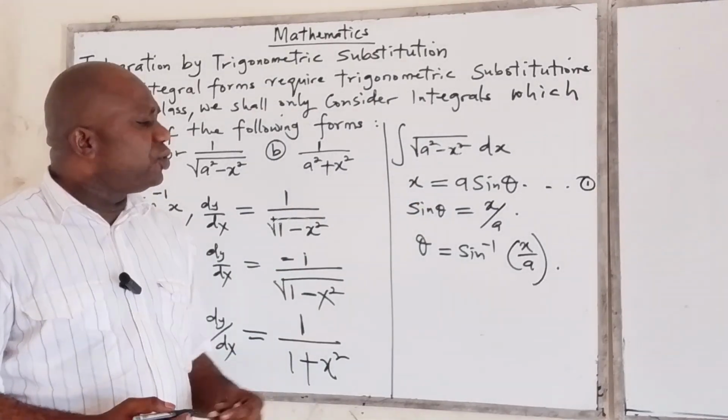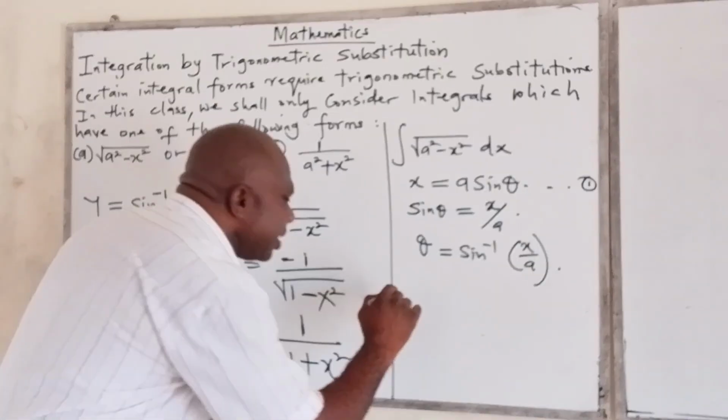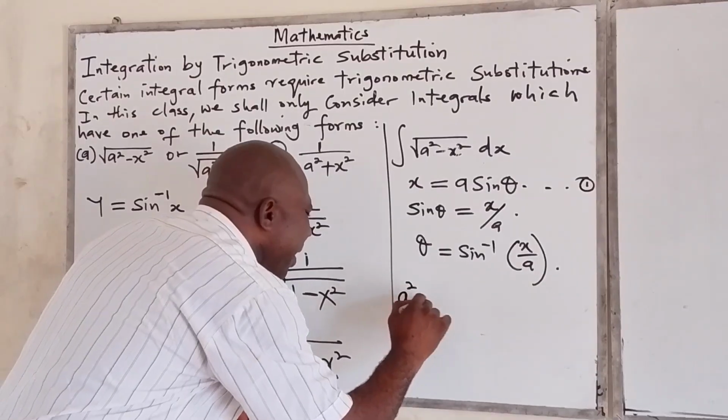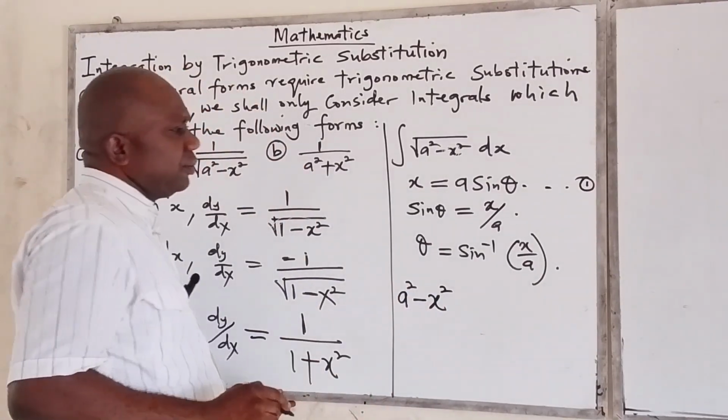Now if x is equal to a sine theta, let's look at a squared minus x squared.